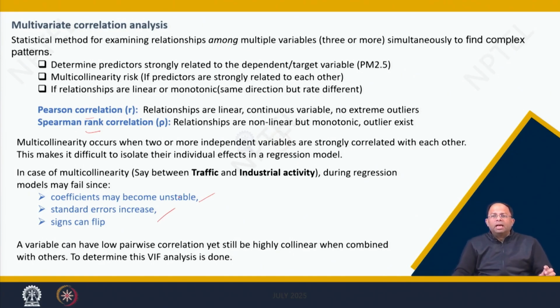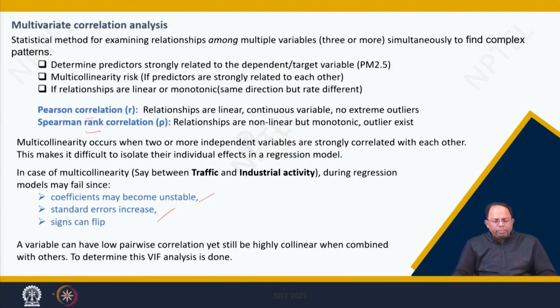That means we know a particular variable should be positively or negatively related to the target variable, but the sign comes out opposite to what it is supposed to be, or counterintuitive. If both of them are in the model, because one takes more of the effect, the other becomes negative, even though both are positive.